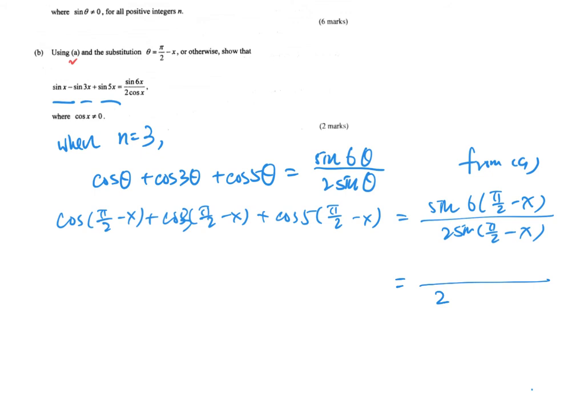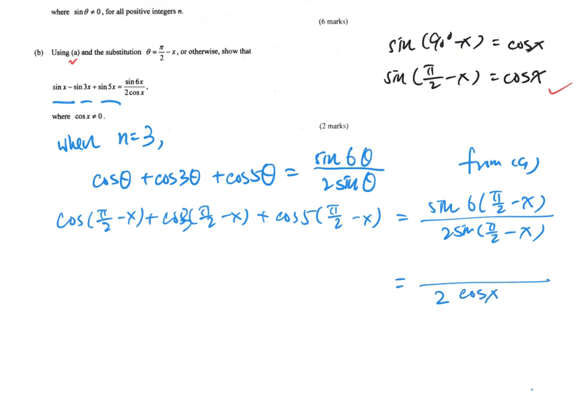Because we have sine 90 degrees minus x equals cosine x. Remember, we change it to radian. So after we change it to radian, we will get cosine x. Great! You see, they are the same.